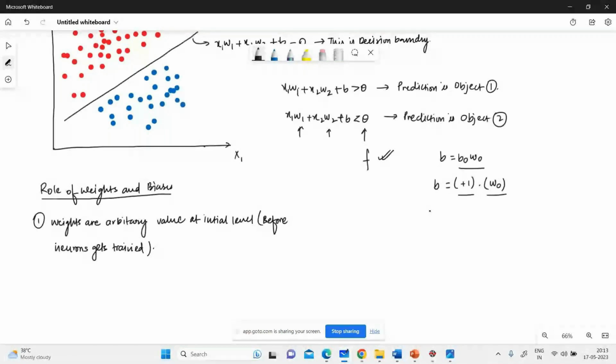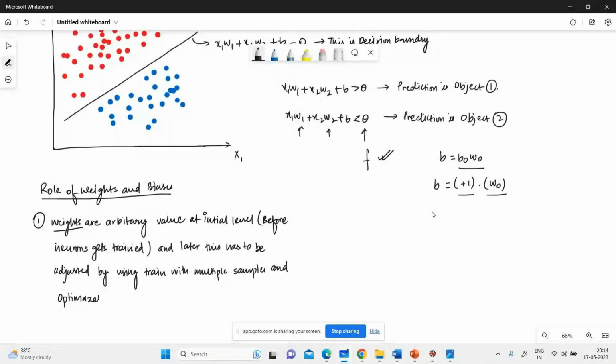Why? Because weights will be some random value at the initial level, and later this has to be adjusted by training with multiple samples and an optimization technique.